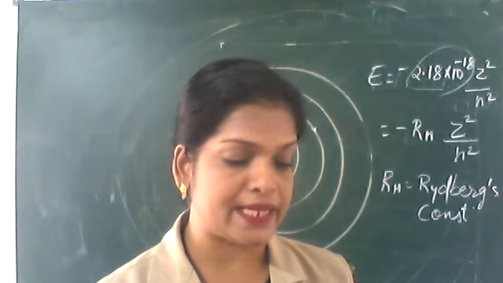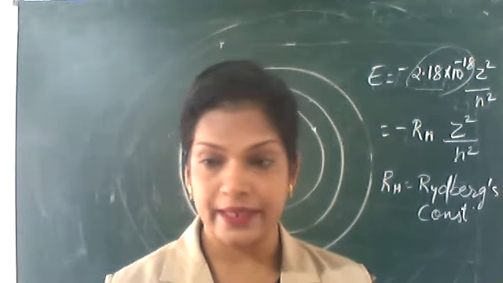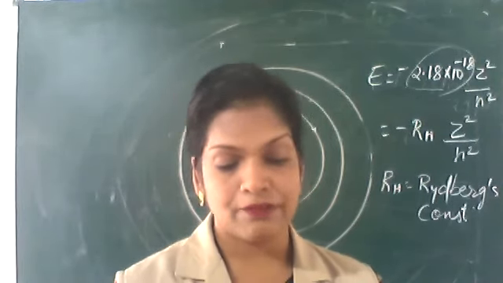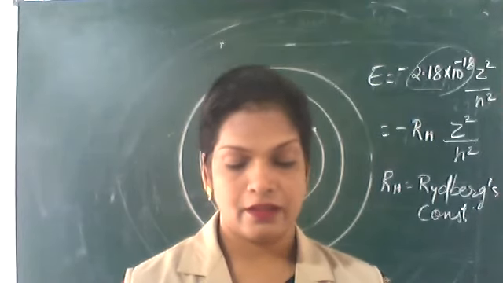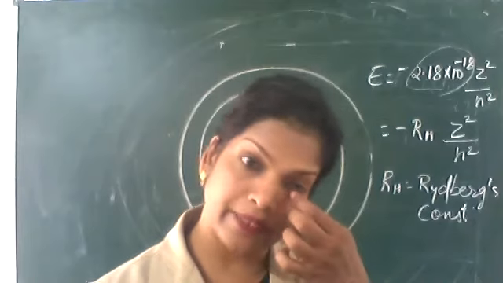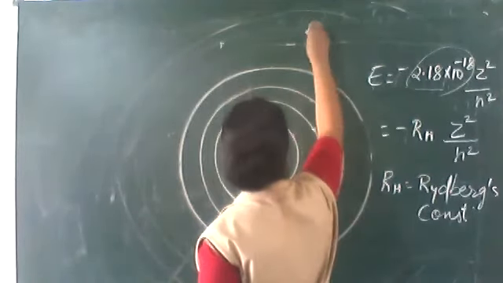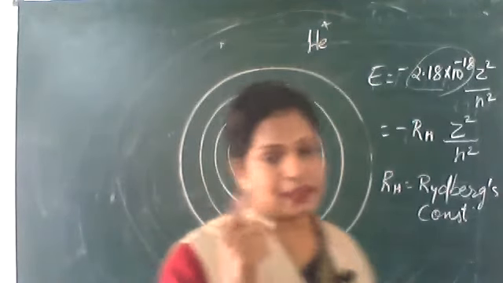Now, write one question. Calculate the energy associated with the first orbit of He plus. He plus means a one electron system.